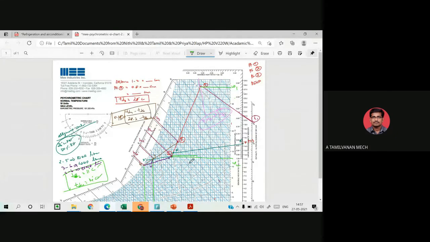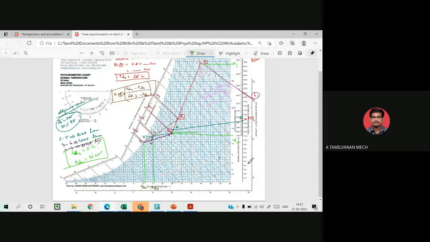Here we are making omega the specific humidity or humidity ratio. Here it can be represented as moisture per kilogram of dry air, or per gram of dry air. There may be some differences between psychrometric charts. In one psychrometric chart it can be given in grams per kilogram of dry air, and in one book it can be given as kilograms per kilogram of dry air.